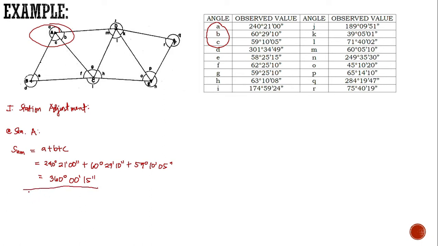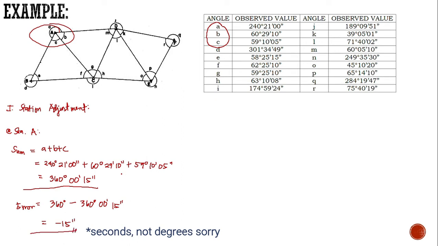So our summation of these angles exceeds 360 degrees. To know the error, we just simply subtract our summation from 360 degrees. So our error in that station is equal to negative 15 seconds.